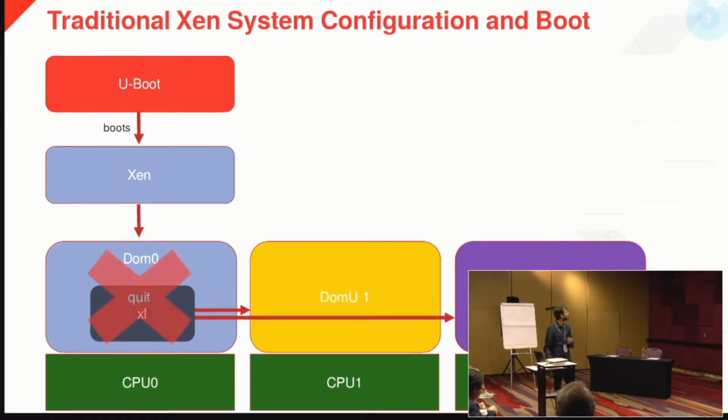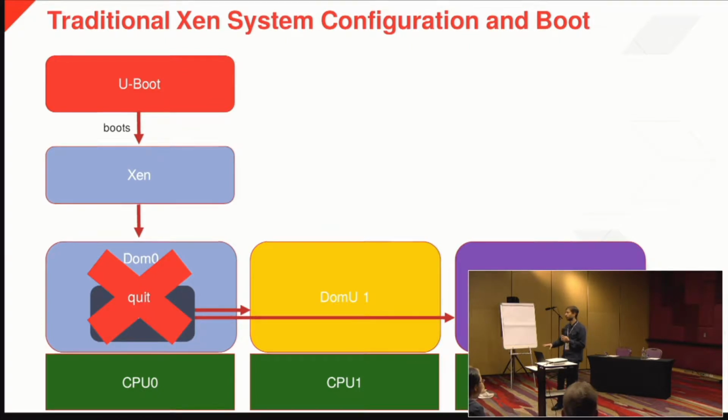So there are solutions. For instance, one of them is to have Dom0 quit after boot. This is just a simple idea. You get Dom0 to create all your VMs, and then get out. If you do that, you have the advantage that Dom0 is only present at boot time, not at runtime, and that has a very different profile for safety certifications. Another idea is to use another operating system for Dom0.